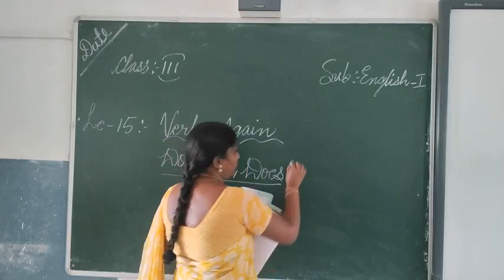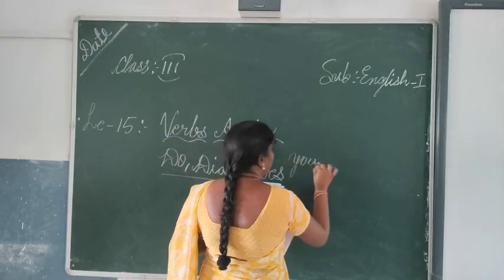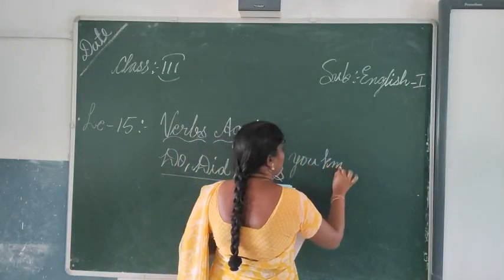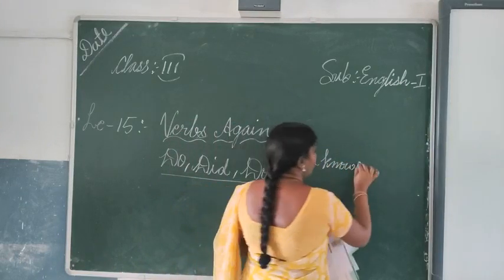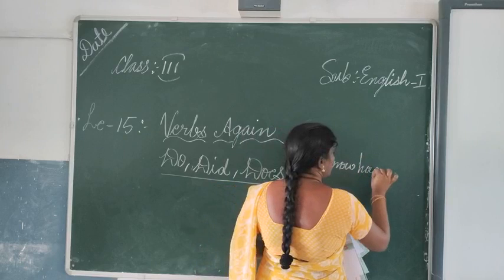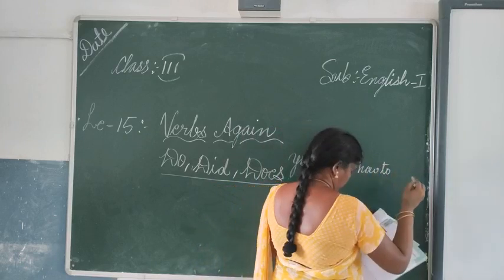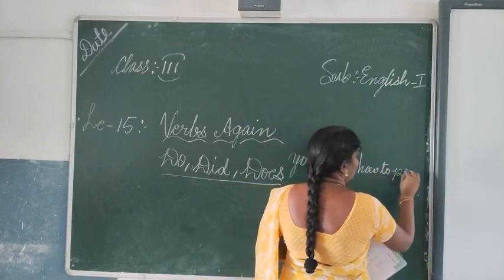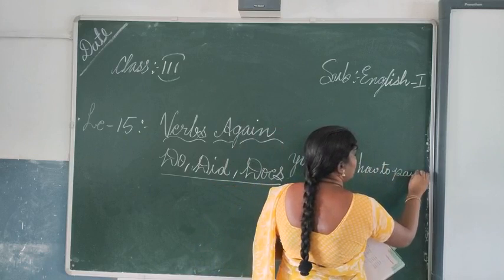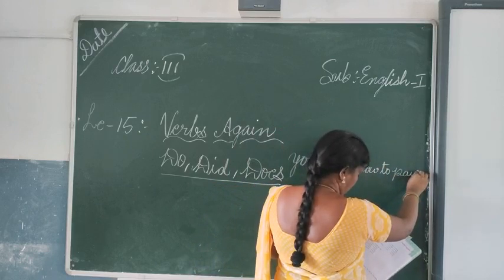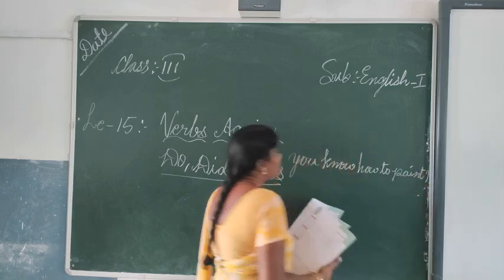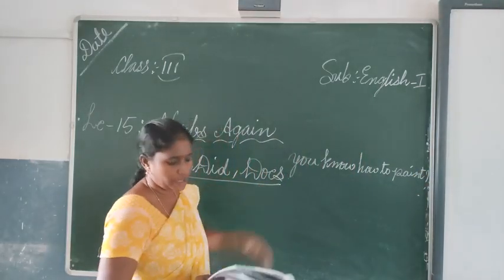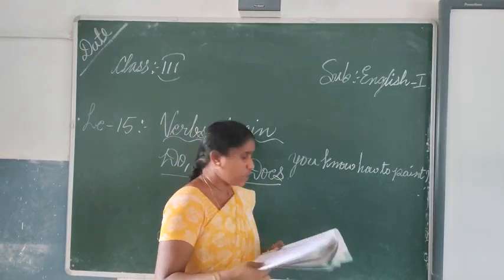First one is what? You know how to paint. So here what is missing? You know how to paint. So do you know how to paint? So what is missing in the first one?